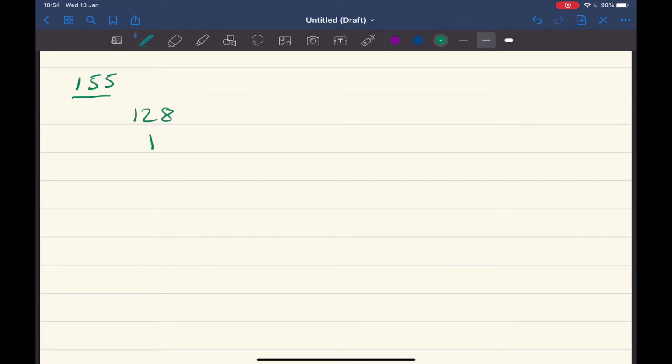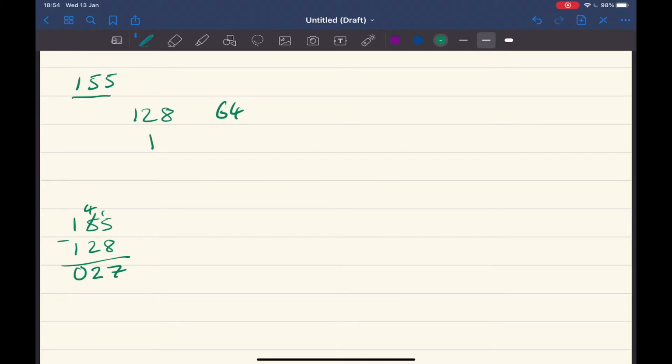If the answer is yes, we put a 1. If the answer is no, we put a 0. In this case we put a 1. We then do 155 minus 128. So we borrow 1 and we have, what's that, 7 left.